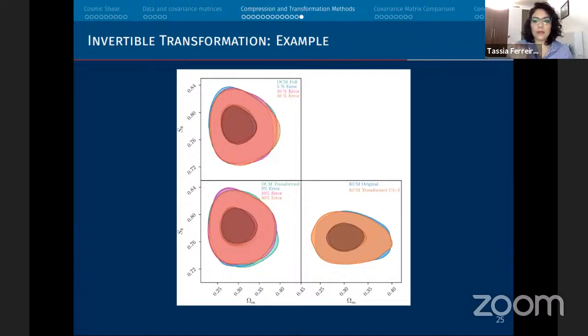Most of the elements we set to 0. We didn't do such a dramatic change before, remember, for the eigenvalues and the signal to noise. But here we set most of them to 0, and we take the diagonal elements of C3 and set them to 1, and we looked at the constraints, and you see that there's not much difference.